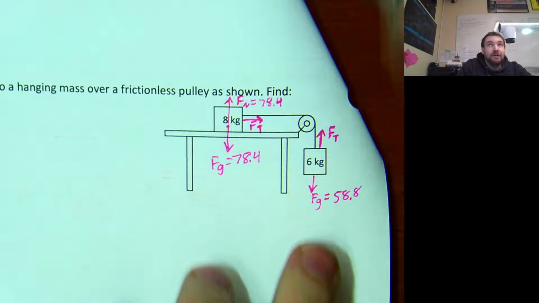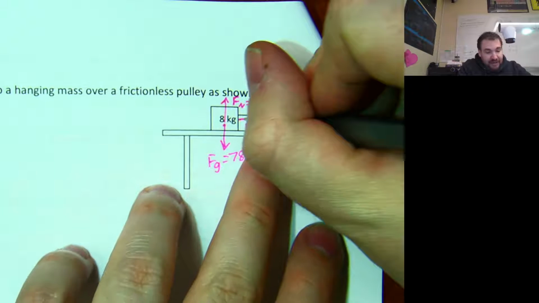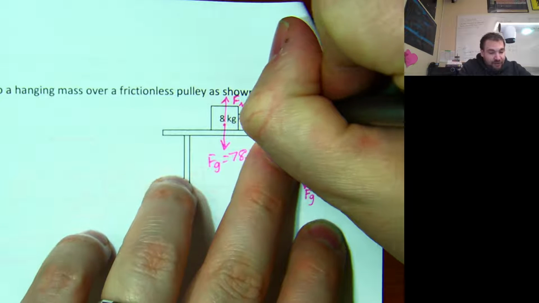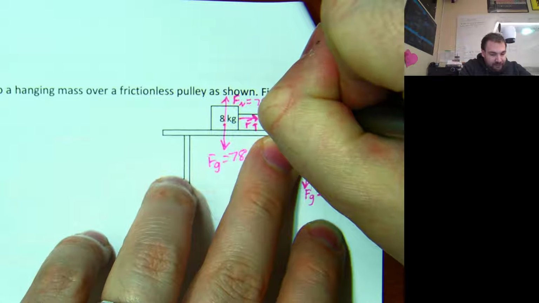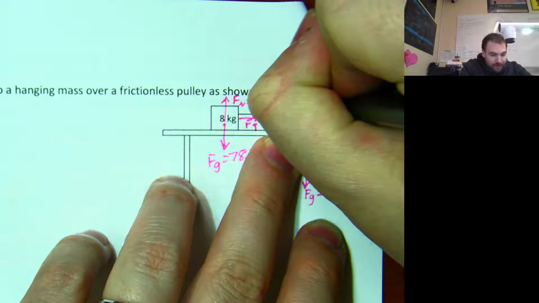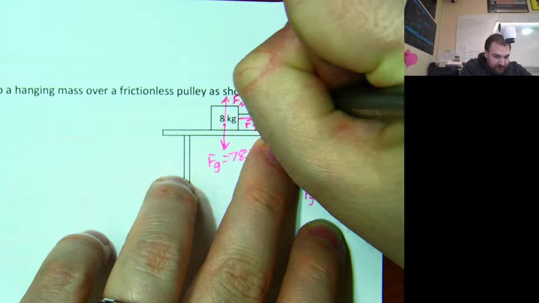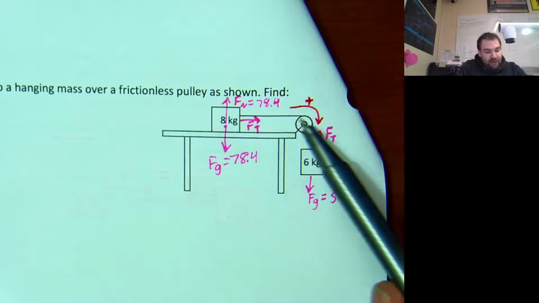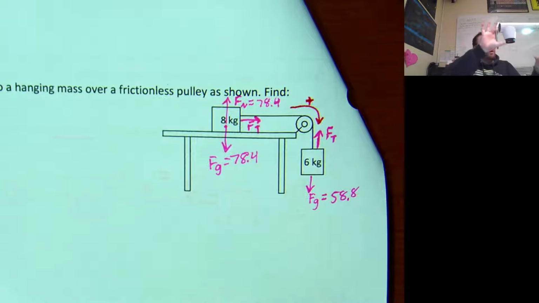So if you want the 8 kilogram block to be positive, you've got to extend that over the pulley. That direction is positive, to the right and over and down. That whole motion is considered positive. This is still a one-dimensional question because the pulleys just allow us to bend dimensions.